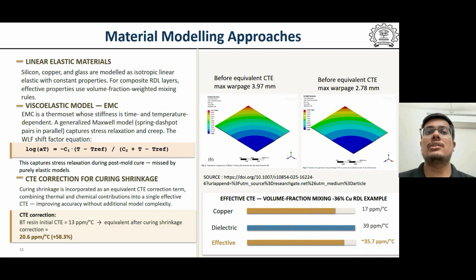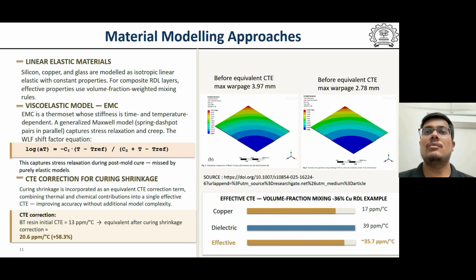In addition, the curing induced shrinkage is accounted for through an equivalent CTE correction. This combines the thermal and chemical strain effects, without explicitly modeling the cure kinetics. As shown, the corrected CTE is significantly higher, which strongly affects the warpage prediction. Without this correction, the warpage is over-predicted, which we can see in the two images provided in the slide.